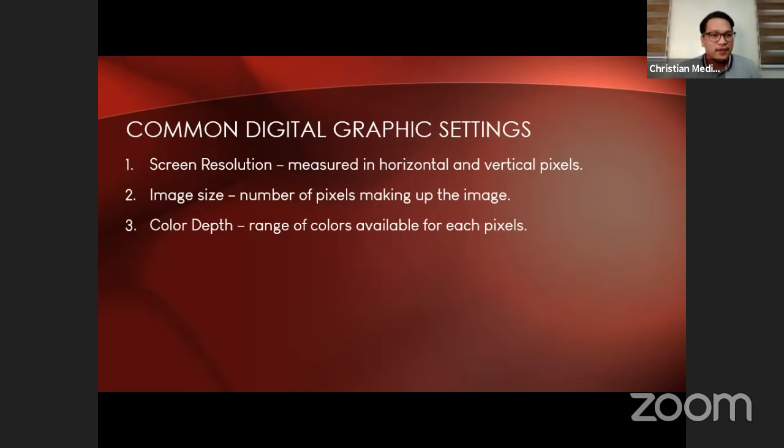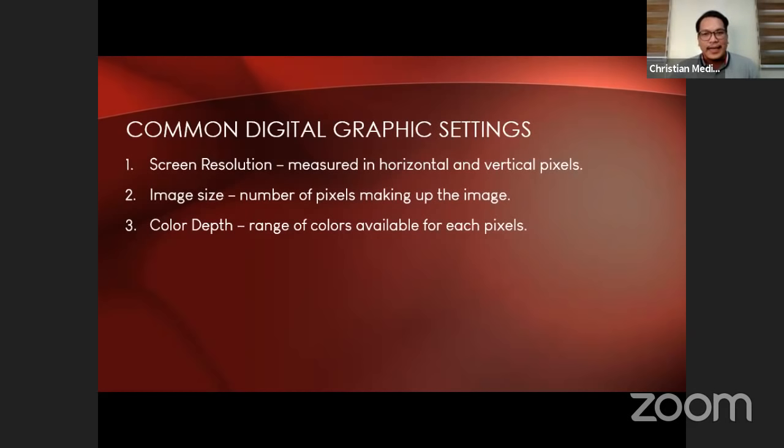Another common setting is the color depth. It is the range of colors available for each pixel. Each pixel can display from one color to millions of colors. The number of colors can be determined by the information associated with each pixel, depending on the number of bits specified to it.